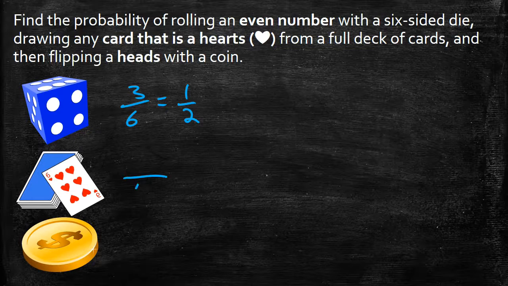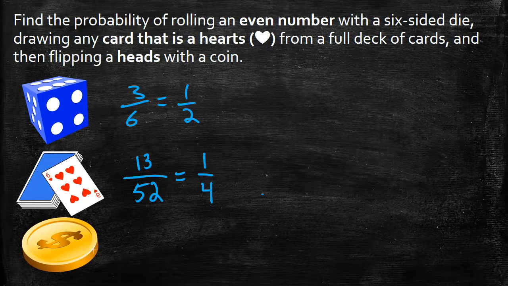I know a full deck of cards has 52 cards in it, and a quarter of those cards are going to be hearts, and that turns out to be 13 cards. If we reduce this into lowest terms, we can put this as 1 over 4. And I know from before that flipping a heads with a coin, there are only two options. One of them is a head. That gives us 1 over 2.